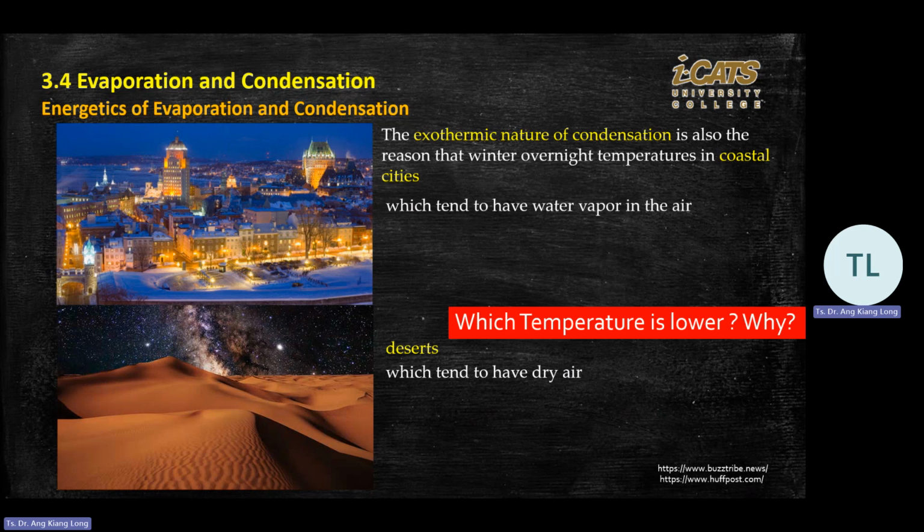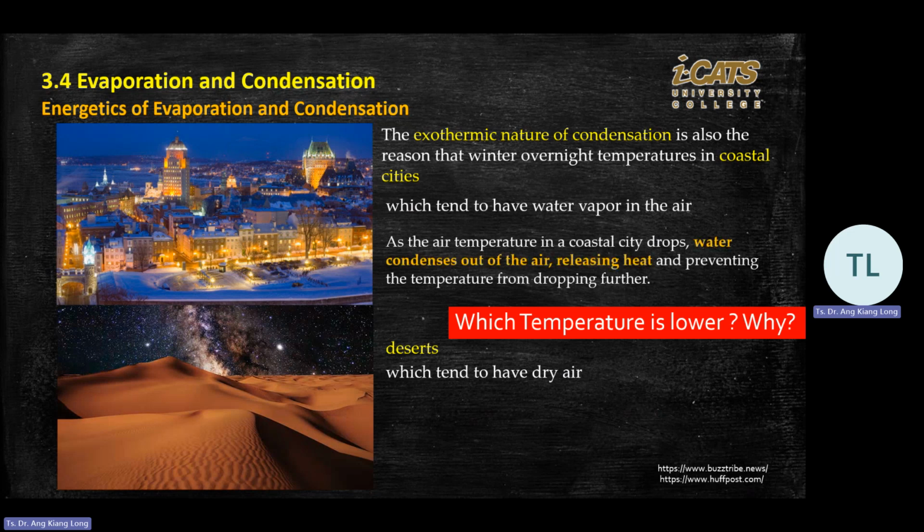The difference here is the content of water. Right? So as the air temperature in the coastal city drops, water condenses. When water condenses, it releases heat. Why does it release heat? You need to change from gas into liquid state.